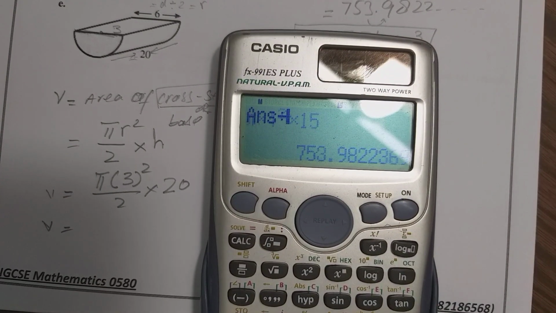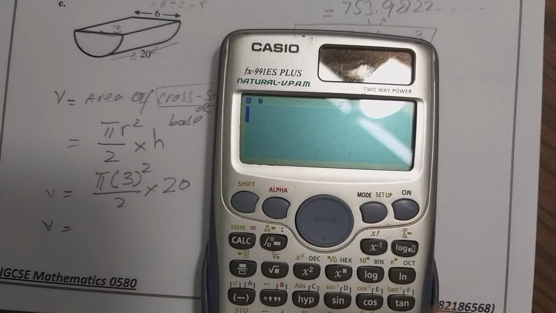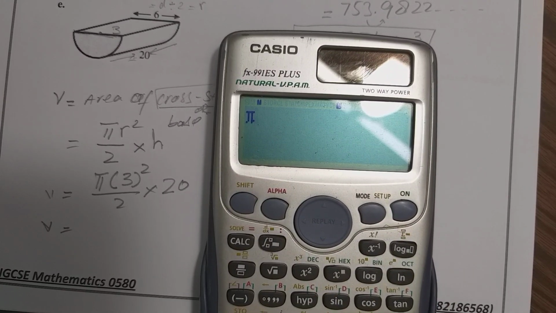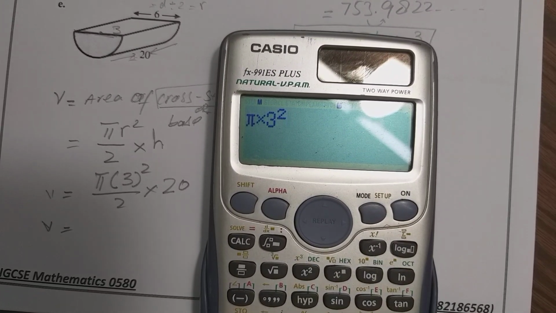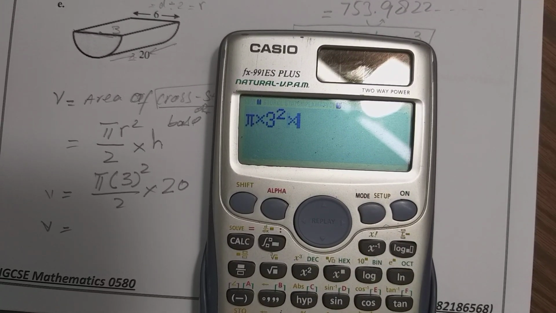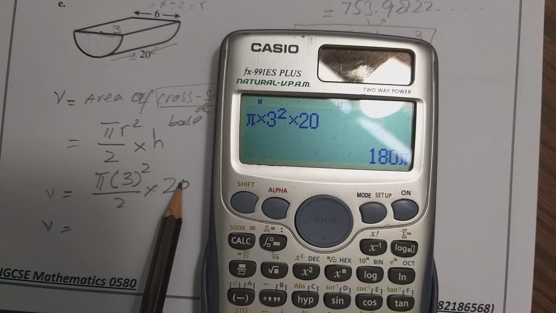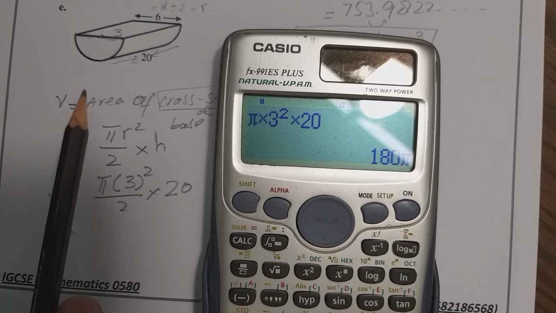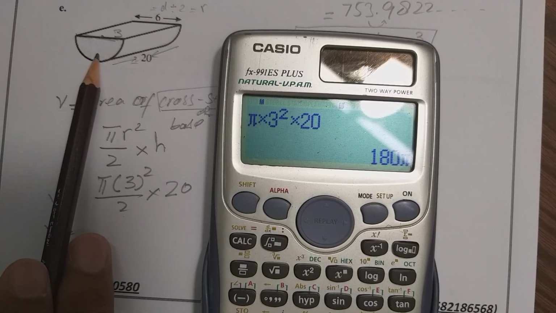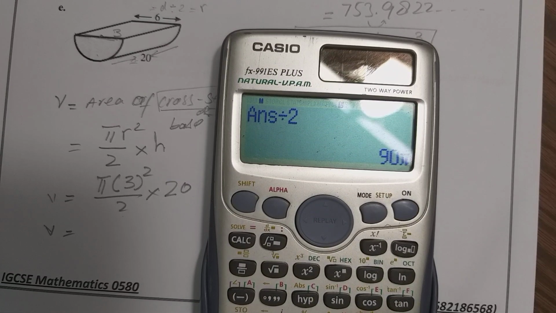I'm pressing shift pi, times 3 square, times 20, which gives us 180 pi. But we need to divide by 2 because it is half of the cylinder, so it becomes 90 pi.